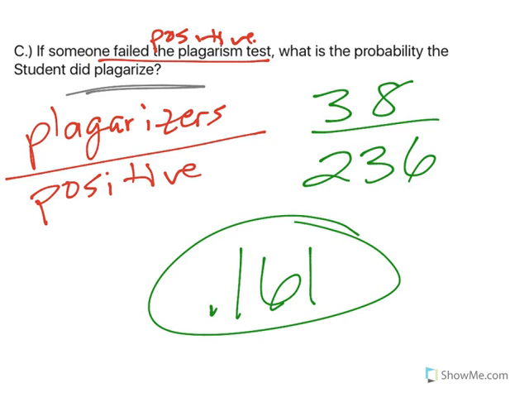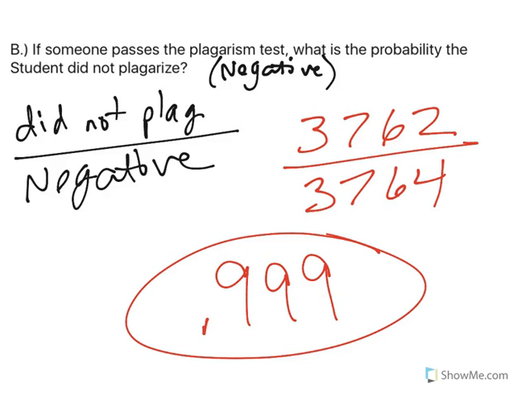So really, if somebody fails the plagiarism test, which means, hey, you cheated, there's really only a 16% chance that they actually cheated. That's a lot of leeway there. And that's simply because we had more students who didn't plagiarize, and because of the false positives, that's why we have a little bit of problem there.